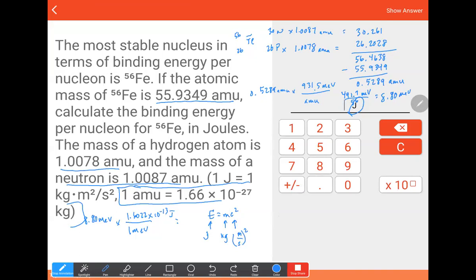And so we'll say our 0.5289 AMU times 1.66 times 10 to the minus 27 kilograms per AMU. 0.5289 times 1.66 e to the negative 27, and we get 8.78 times 10 to the minus 28 kilograms.